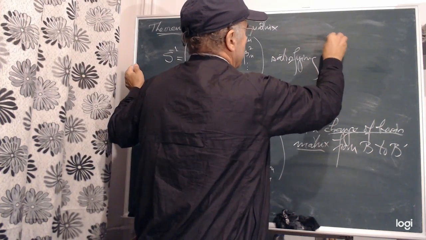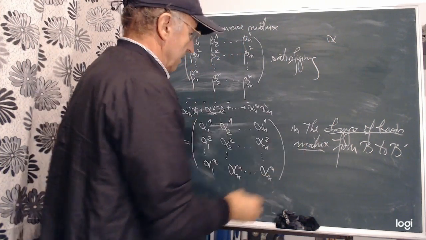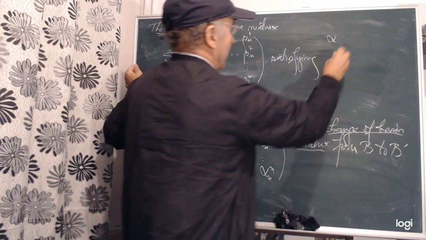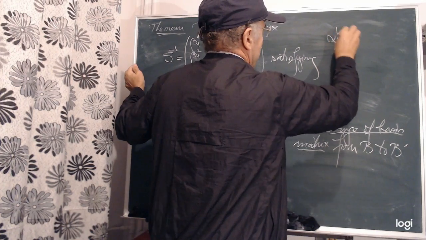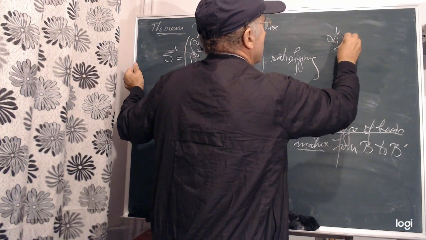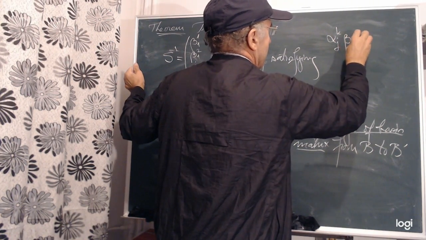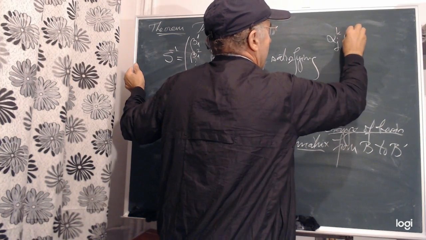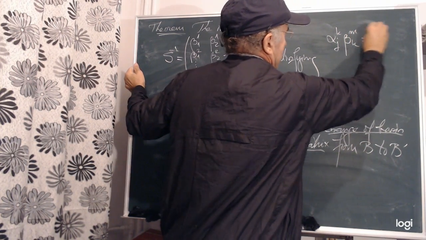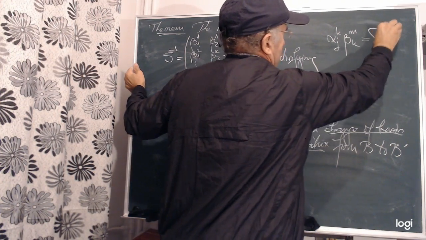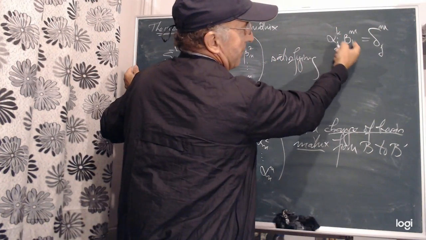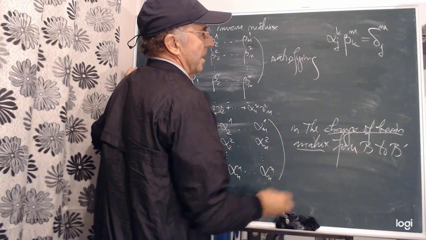alpha jk beta km equals delta jm. Here we have a sum with respect to k.